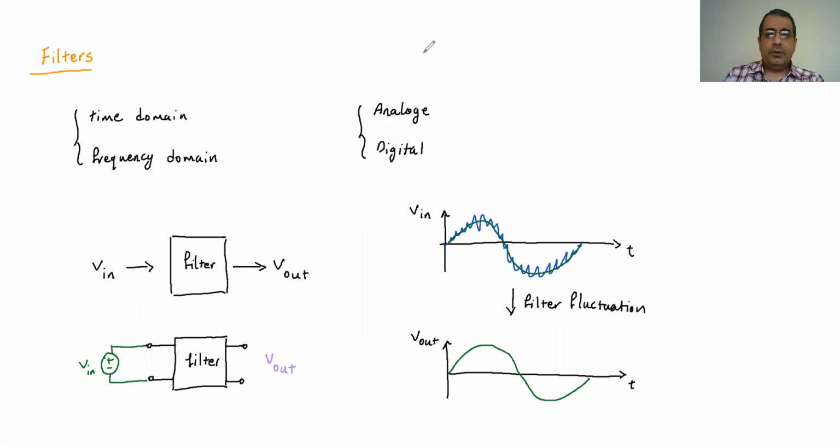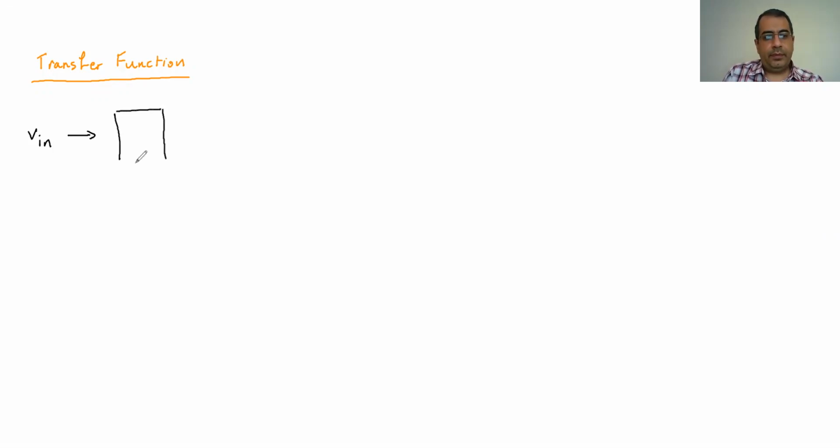The next thing about the filter is that the filter has a transfer function. So again, in a filter, we have some input, and then we have some kind of filter, and then that filter gives us some output.